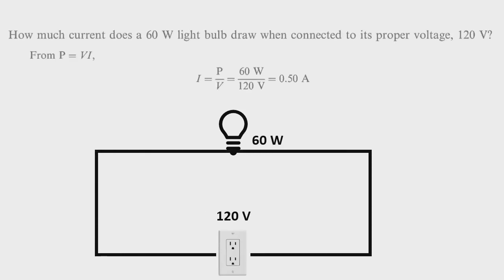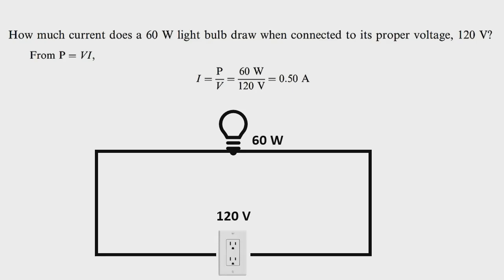Therefore, the question is, how much current does a 60-watt light bulb draw when connected to its proper voltage, which is 120 volts? From the formula, power is equal to voltage times current.